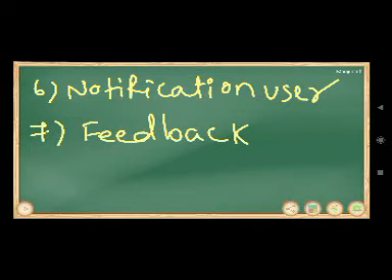So you are going to receive feedback in this feedback system. These are all the processes and steps involved in the reference service process. This is very important from the exam point of view.